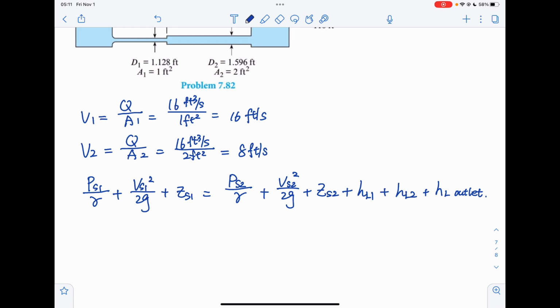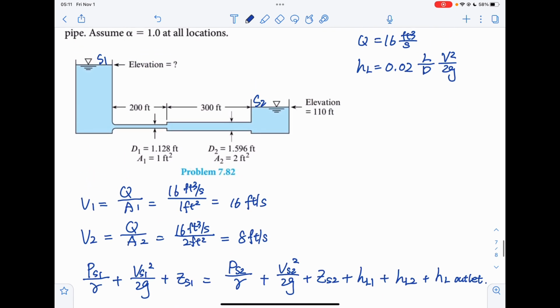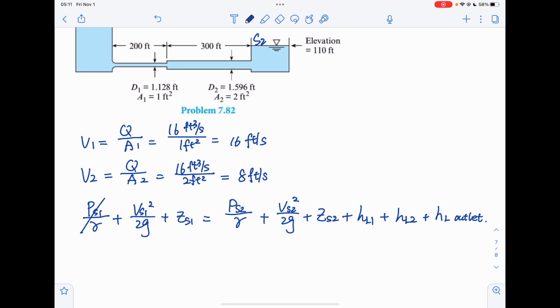So because we are selecting the two water surfaces, the P S1 and V S1 are 0, P S2 and V S2 are also 0.